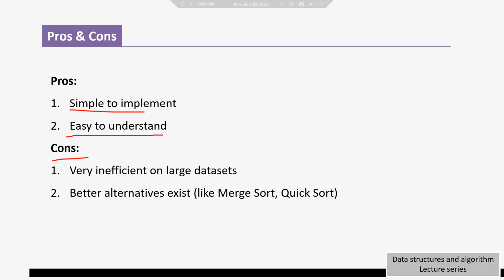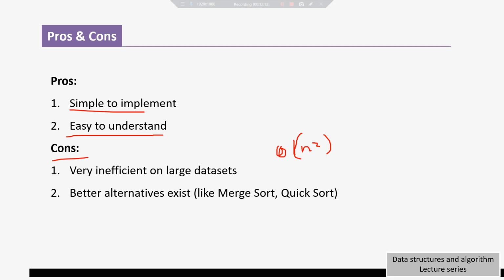So it will take a lot of time. Basically it has a time complexity of O(n squared), from big O notation, so it will take a lot of time on large datasets.